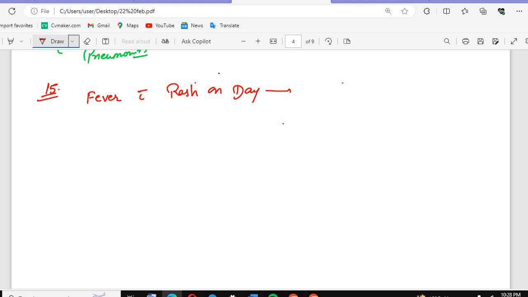So if we are getting the rash on day 1, the patient has fever and on day 1 he got the rashes. So what conditions can be possible? Day 1 rash is seen in varicella. What is the cause of varicella?